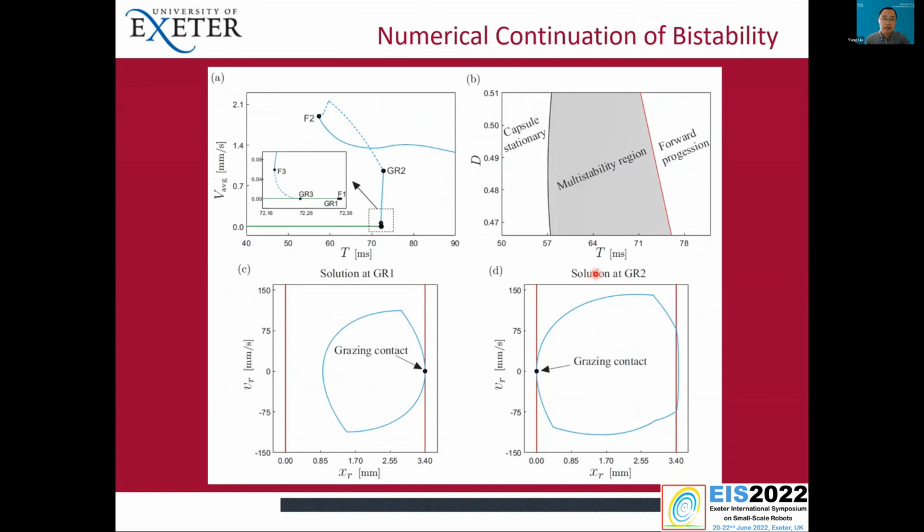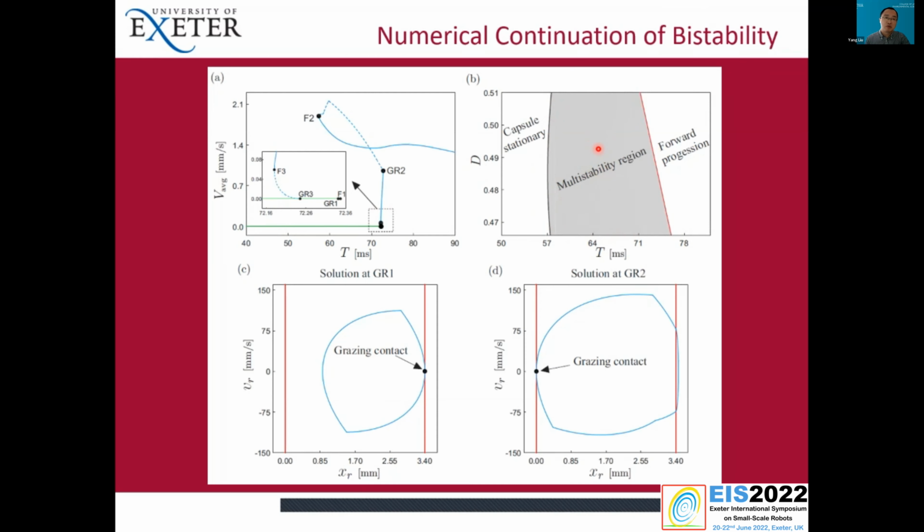So by doing this, we carry out a two-parameter study. Which two parameters? One is the excitation duration, and the other is the duty cycle. In this case, we can identify a region. In this gray region, this bistability exists, so we are not sure if the system is moving forward or stationary.